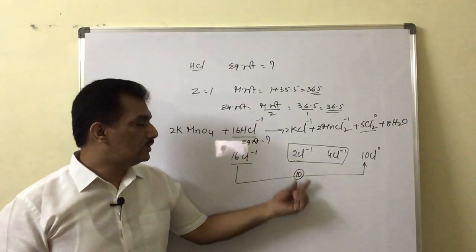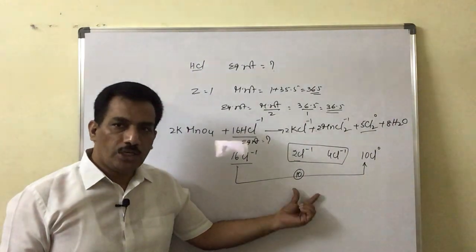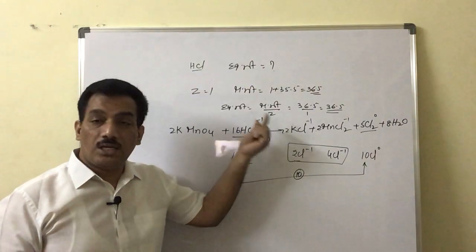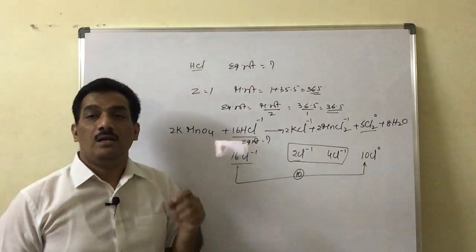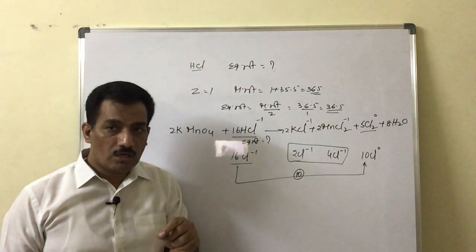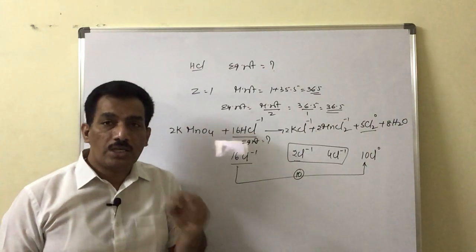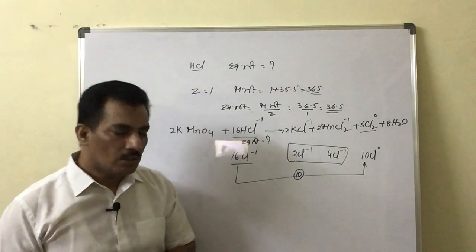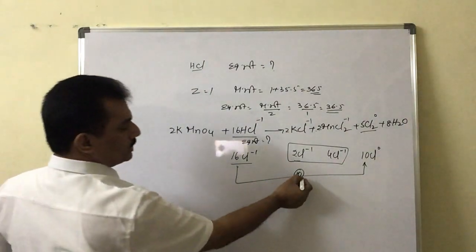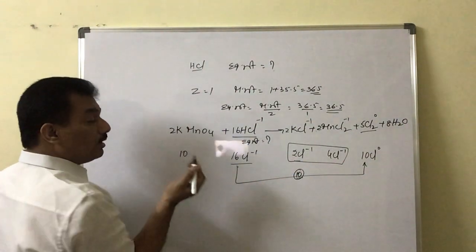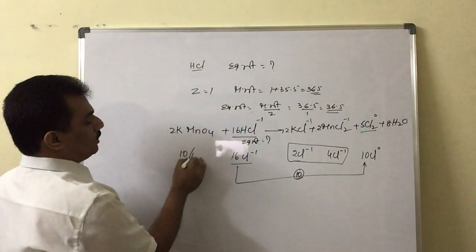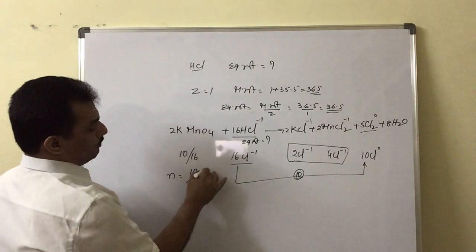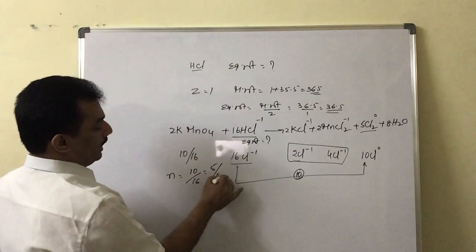Now we have to consider that this change is attributed to all these 16 HCl. When 16 HCl molecules are involved, only then is this reaction feasible. Is it not? So now the change in oxidation state is 10 out of how many? 16 molecules. So the N factor is 10 by 16, that is nothing but 5 by 8.